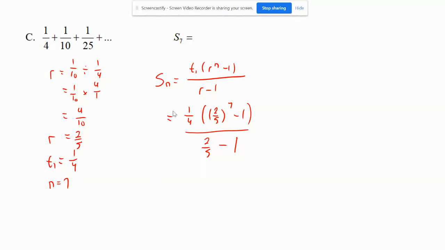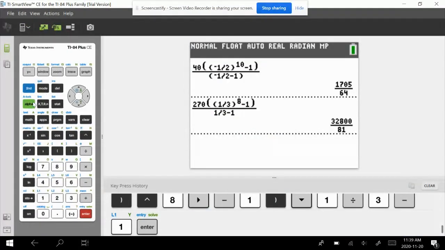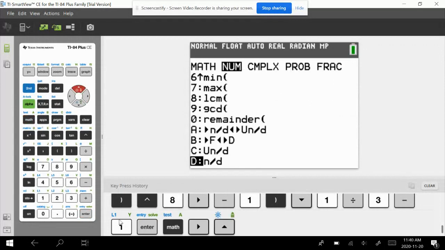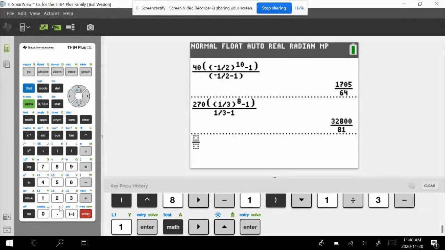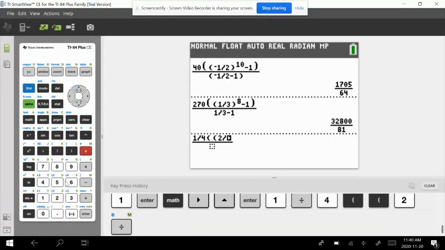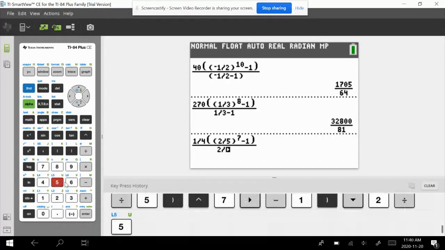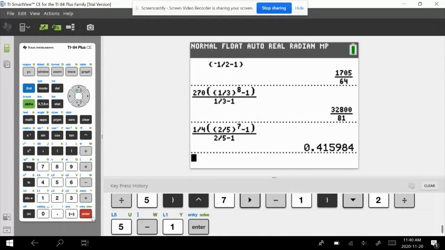So let's fire this guy into your calculator, and we're going to get 1/4 bracket bracket 2/5 to the 7th minus 1, close your bracket there, over 2/5 minus 1.